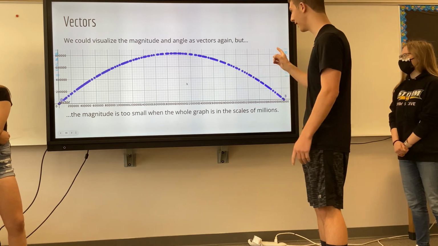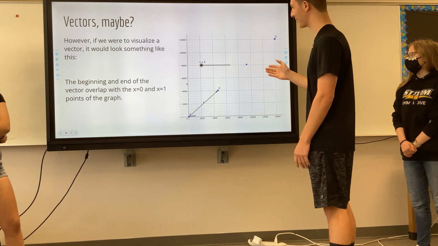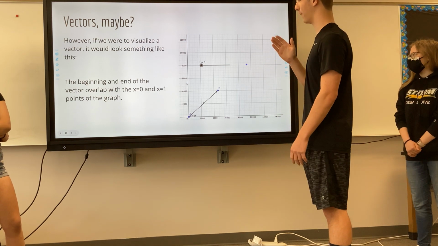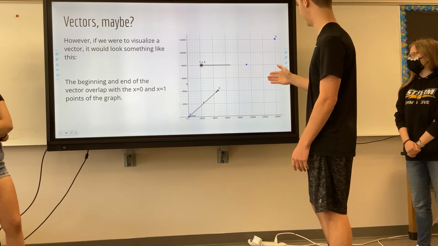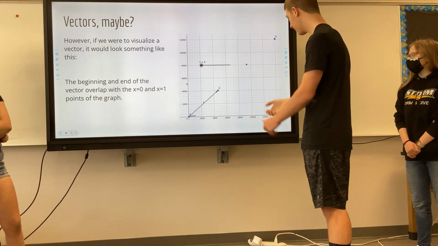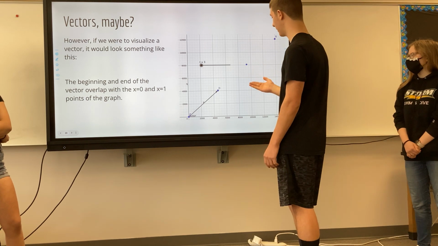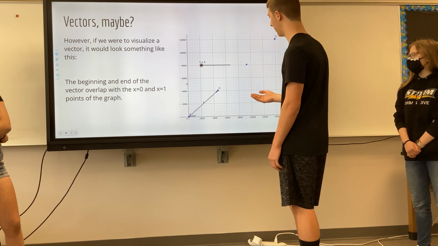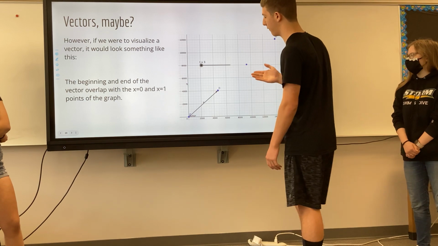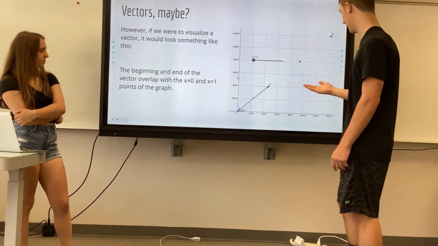But I did anyway. So this is a visualization of the very first vector, right after King Kong hits that ball. This is a little more than 6,000 meters per second, as we found before, at an angle of 40.877 degrees.